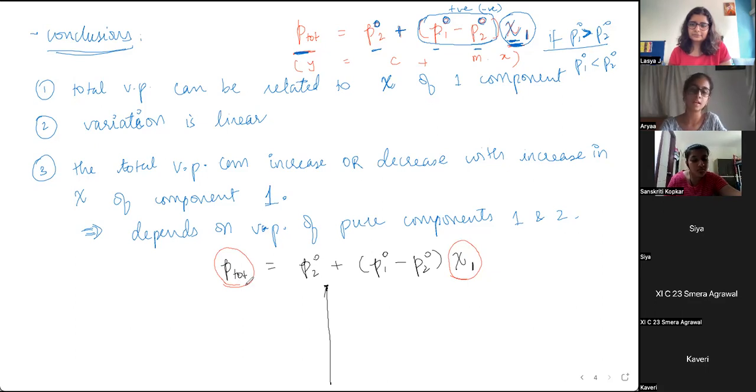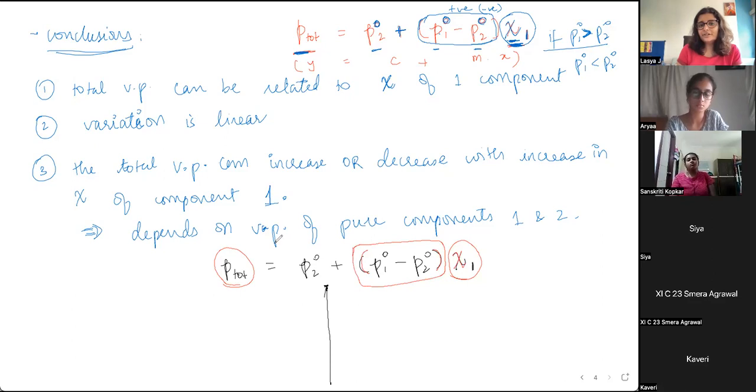We can say direct relation, no? It looks direct. The issue comes कि the concentration is multiplied by this thing, P1 minus P2. Okay, so P1, P2 are individual vapor pressures of the pure components. If we have only one, फिर उसका vapor pressure क्या होगा? If we have only two, उसका vapor pressure क्या होगा?